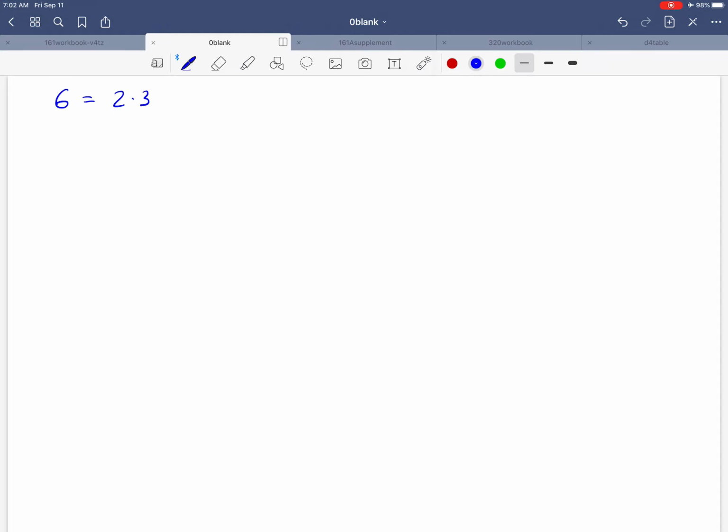And notice that in Z6, 2 times 3 is equal to 0, because after all, 6 breaks down into 2 times 3, so 6 mod 6 is 0, and that implies that 2 and 3 are zero divisors. They're non-zero numbers that we can multiply together that happen to give us 0 in the ring Z6.